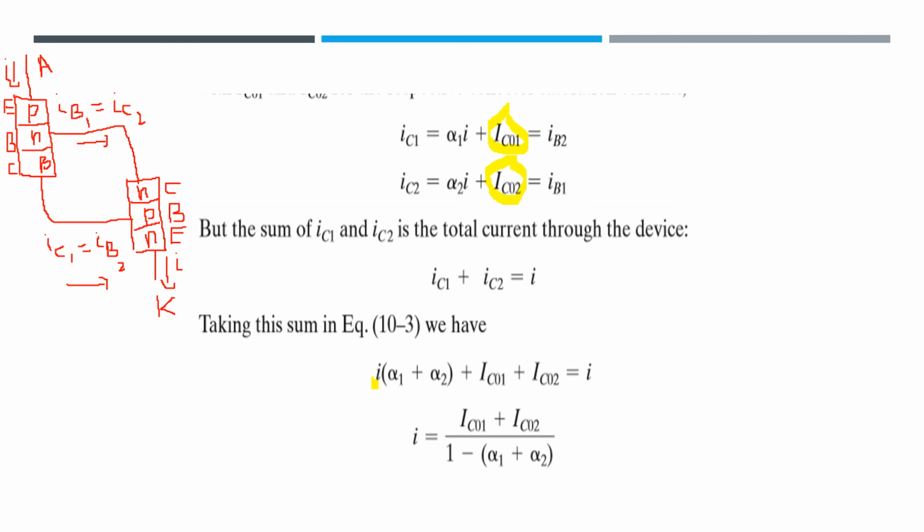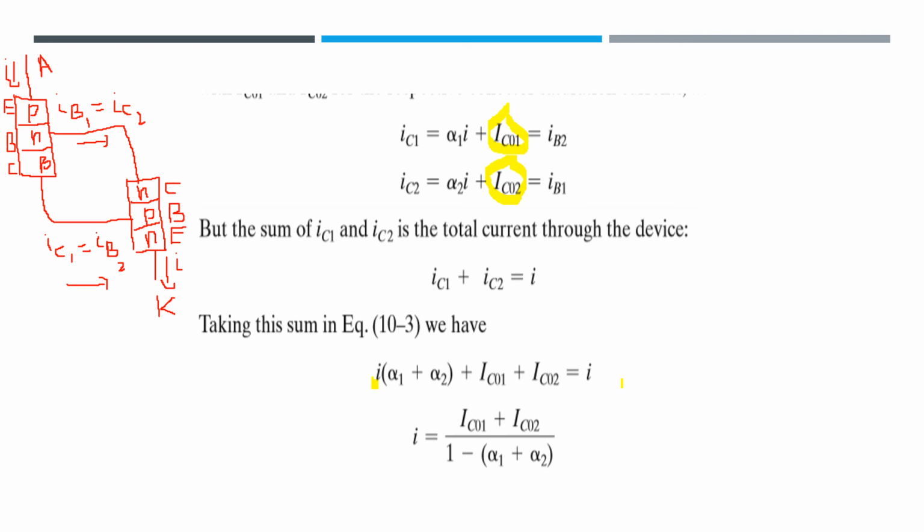While these two are written as a sum, this is equal to I. And as I is common in this equation and here, we will take this equation to the right hand side. When this equation goes to the right hand side, it will get a minus from I. And when we take I as common, we will get here 1 minus (alpha 1 plus alpha 2).